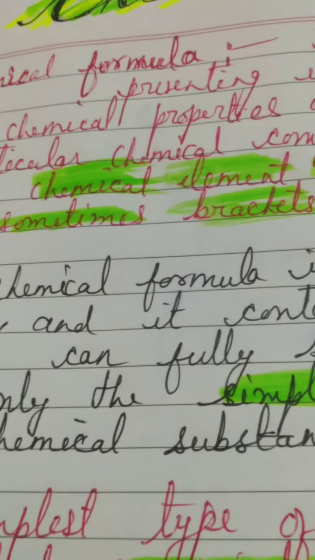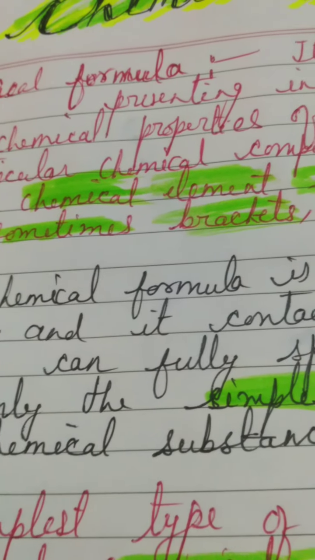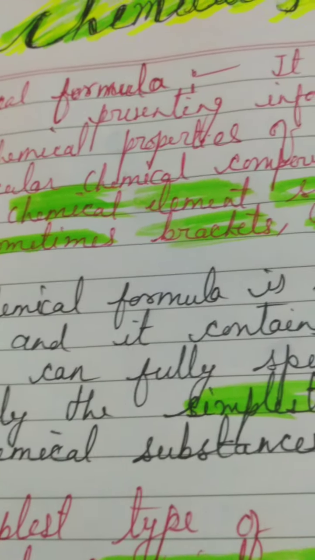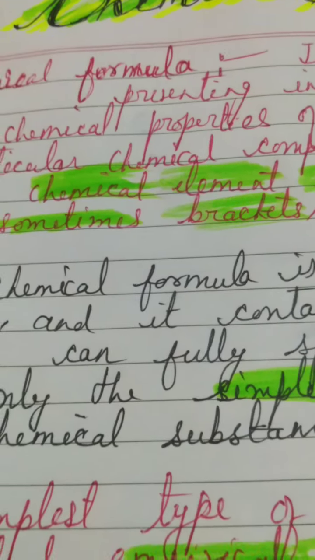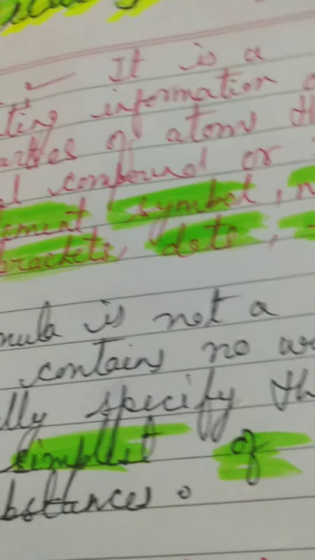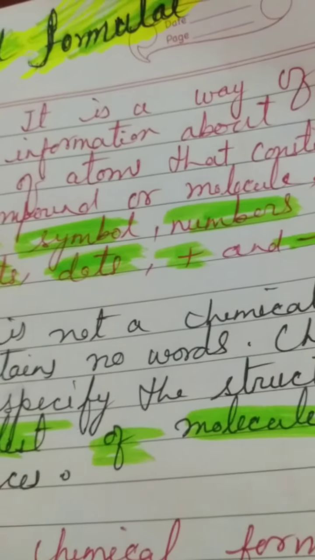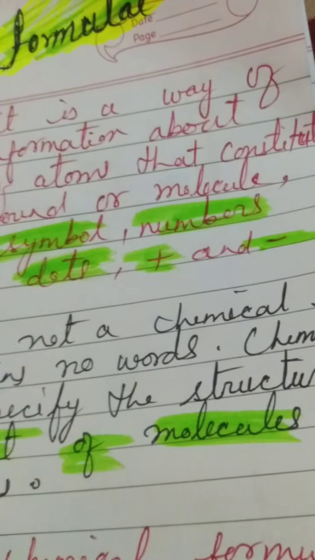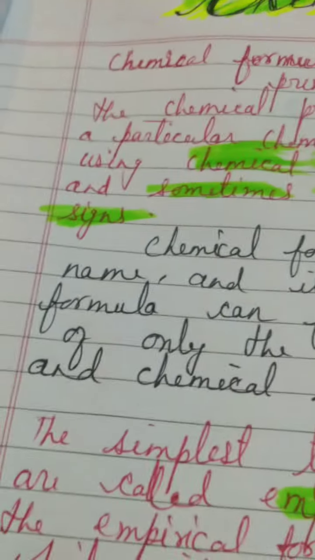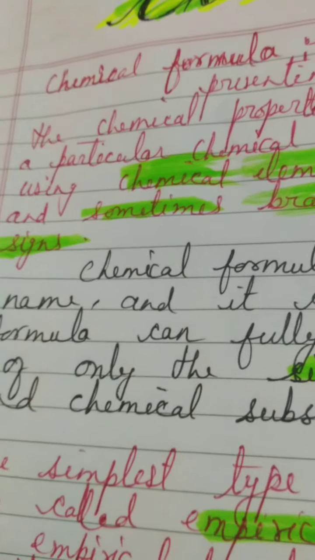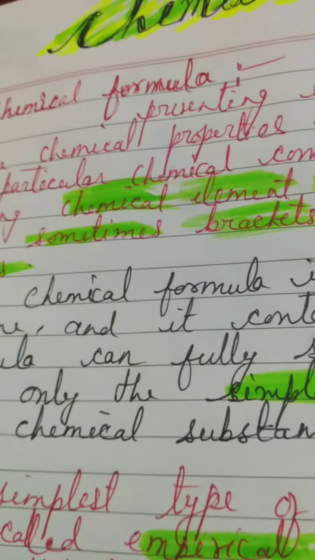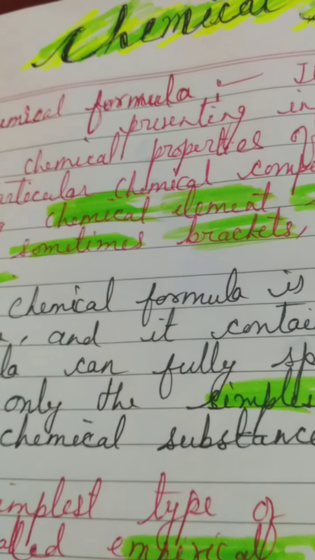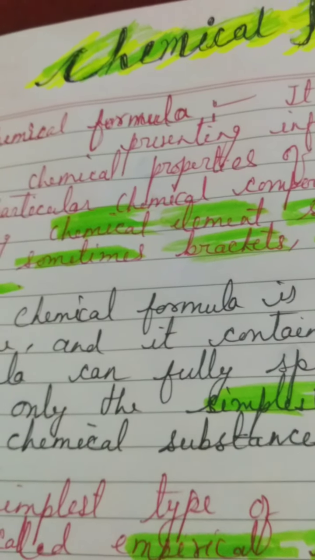It is a very short and fast way to represent a chemical compound, just by writing a few alphabets and digits and some signs like dots, plus and minus, some brackets, etc. we get the right formula of a chemical compound. This is your chemical formula, the representation to express a chemical compound.